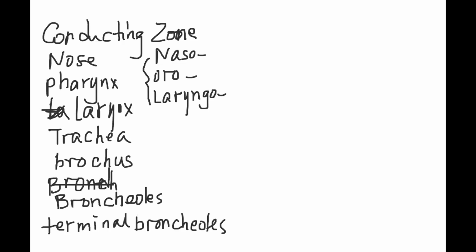Okay, so you can study these structures from the pictures in your book and then from the models on MyLab and Mastering. Okay, the larynx is what we call the voice box. Okay, and then trachea, bronchus. All right, so this part should be easy.